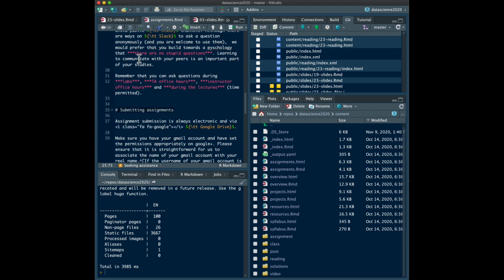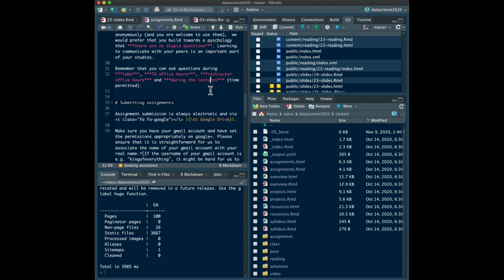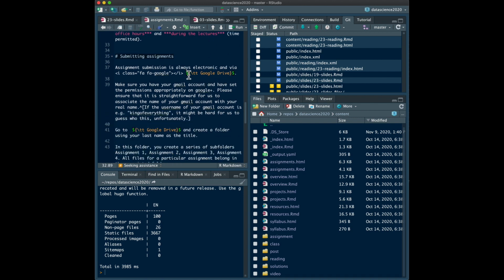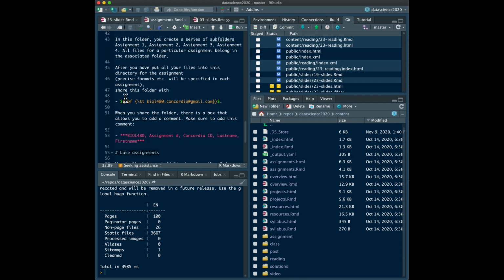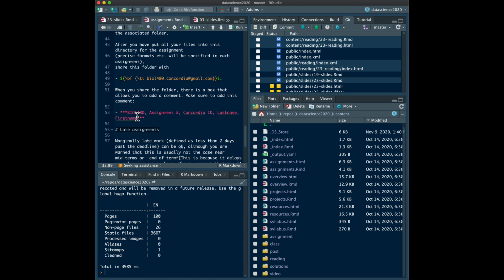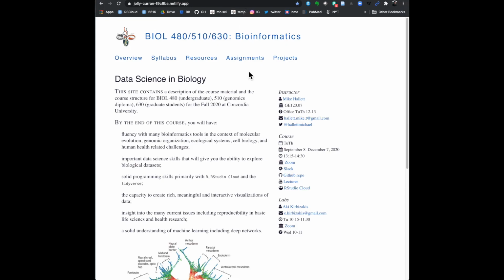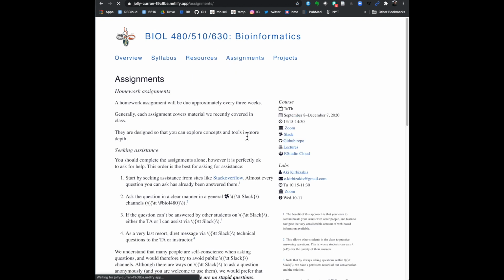On the other hand, like here with the triple star, that means boldface. And there are other ways, like here I'm making something italics. There are lots of ways to modify the text, and that web page corresponds to this web page, right? Assignments, right here.